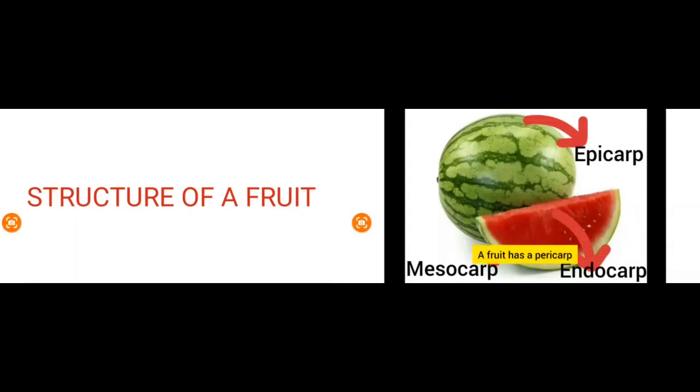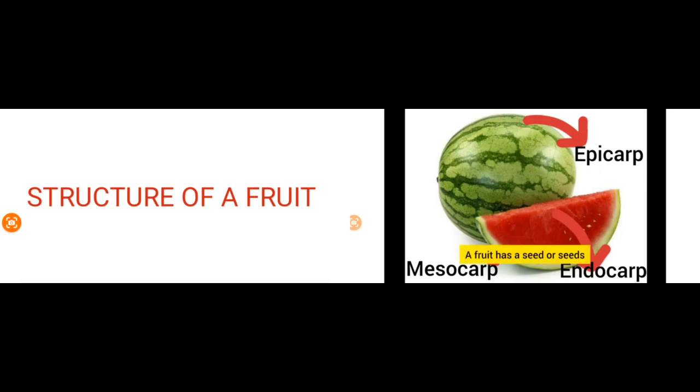A fruit has a pericarp, which is a collection of epicarp, mesocarp, and endocarp. Epicarp is the outer covering of a fruit. Mesocarp is the middle layer of a fruit. Endocarp is the inner layer of a fruit which carries the seed.